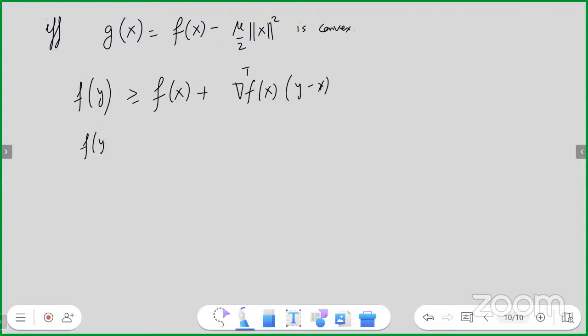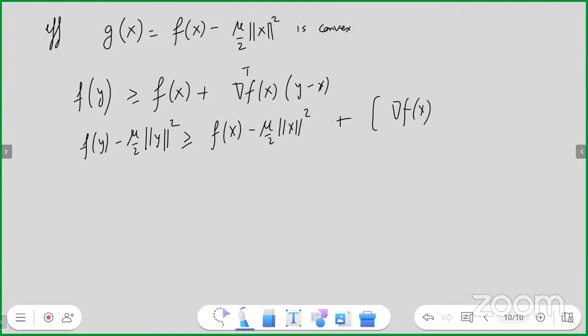f of y minus mu by 2 y square is greater than f of x minus mu by 2 x square. What is the gradient of this? Gradient of g of x. If it's not clear, ask me. This is the characterization, true if the function is convex.